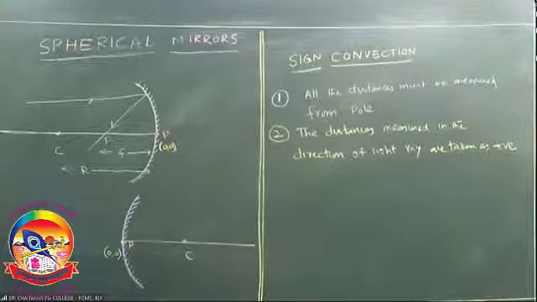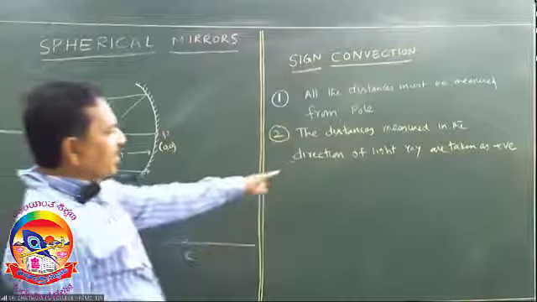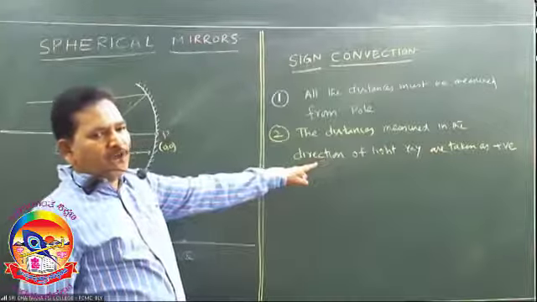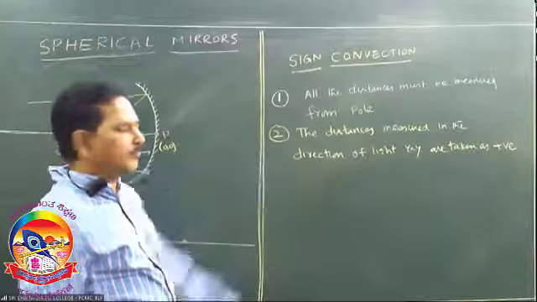Either the center of curvature, radius of curvature, object distance, or image distance, the distances which are measured in the direction of the light ray are taken as positive.